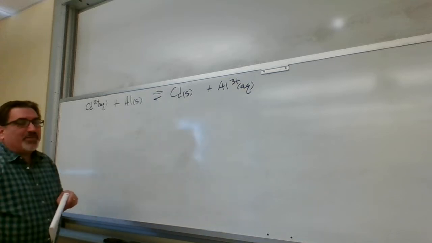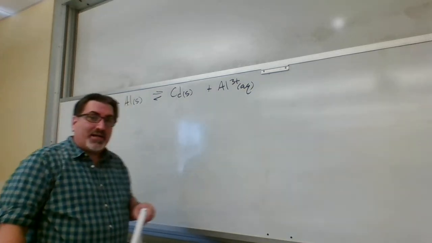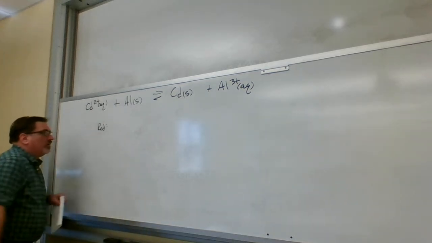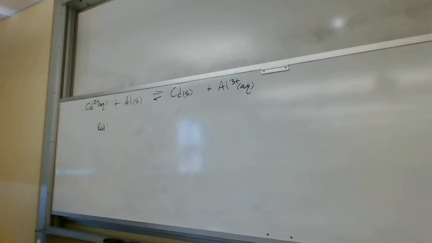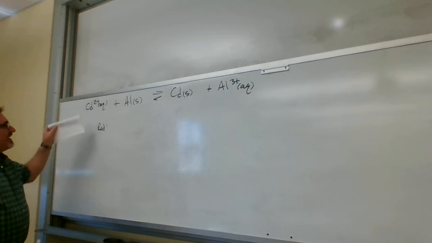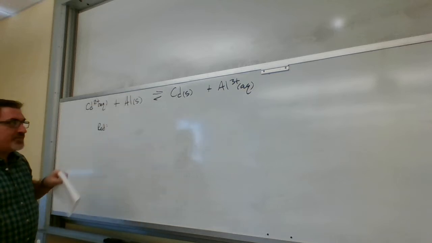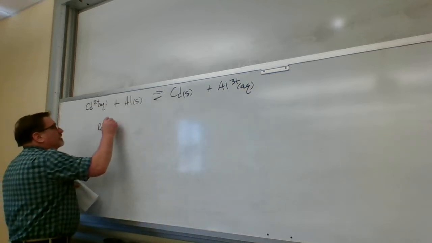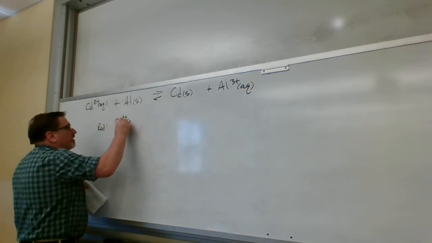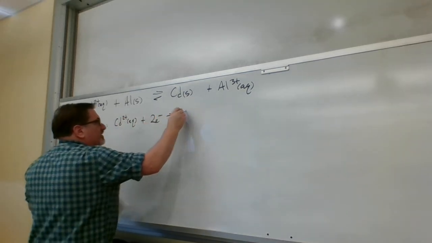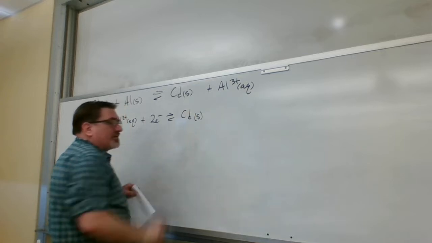So to go about this, we have to decide what gets reduced and what gets oxidized. So if we write the reduction first, our reduction occurs with the cadmium, going from 2+ down to 0. The oxidation number reduces from 2 to 0. So Cd2+ aqueous plus 2 electrons makes Cd as a solid.